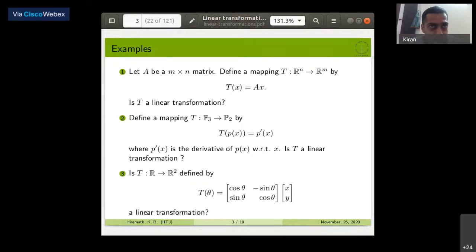From the first two examples, I set the expectation that some setting is given, an operation is defined, and then you use the basic definition to verify if it is a linear transformation or not. Here I'm asking the question, is T of theta 1 plus alpha times theta 2 equal to T of theta 1 plus alpha times T of theta 2? True or false?